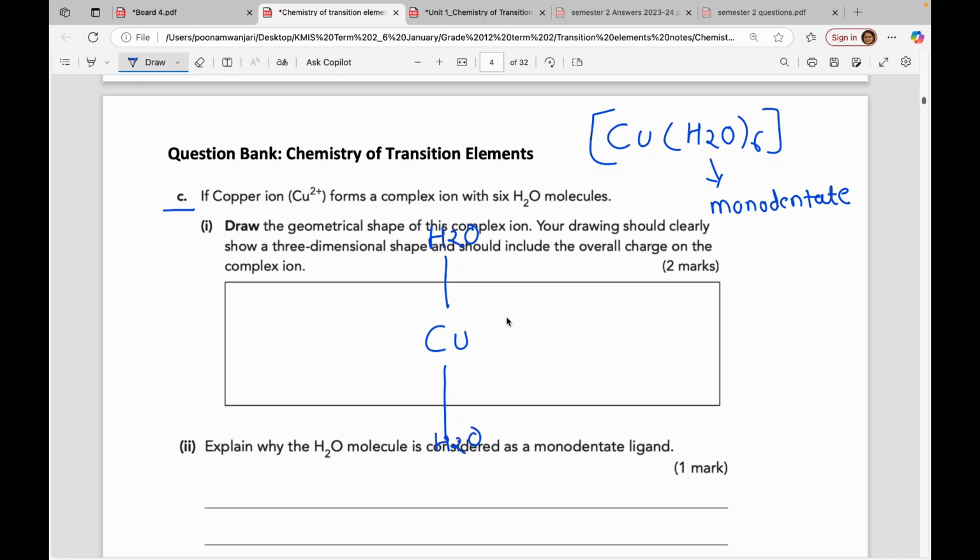Next to it, students, dash lines. Whenever we draw a dash line, that indicates the bond is going away from you, behind the page. So two water molecules are here, and then two solid wedge lines, two bonds.